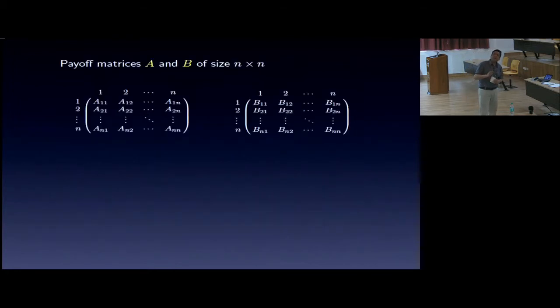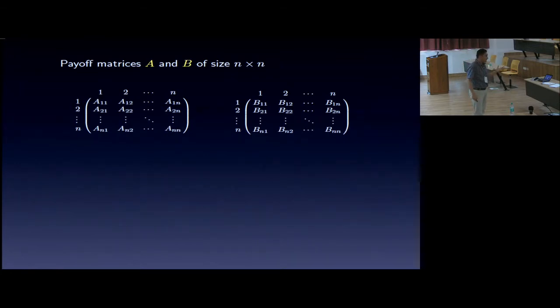A bit more formally, what I'll do is use matrices A and B to denote the payoffs of the two players. So I have two players, both players say have n actions each. The actions of the first player index the rows of these two matrices.